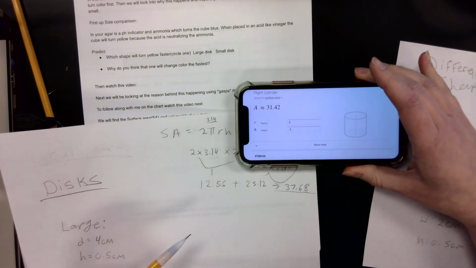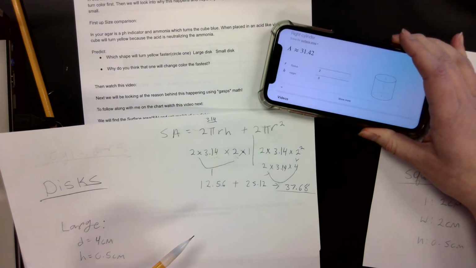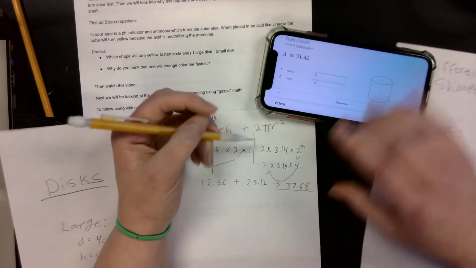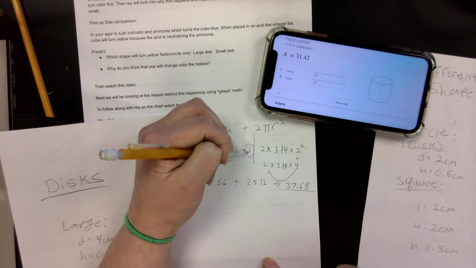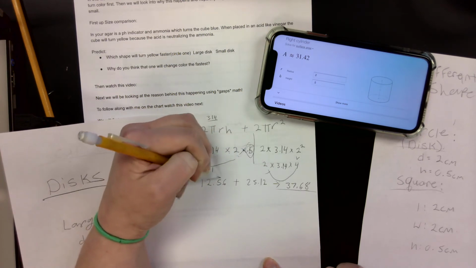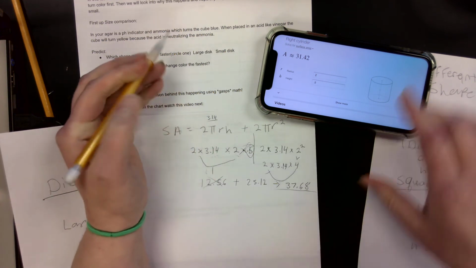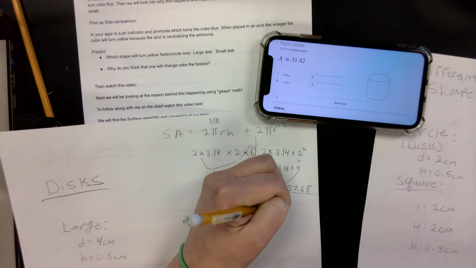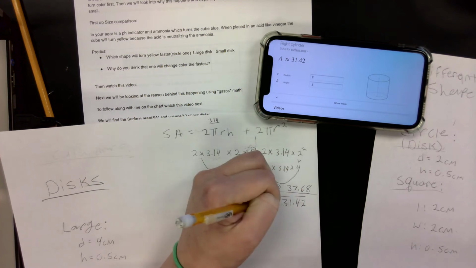Did I do that right? Oh yeah, I forgot it was 0.5, my bad. So I did a little mix up with my numbers there, but it should be about 31.42.